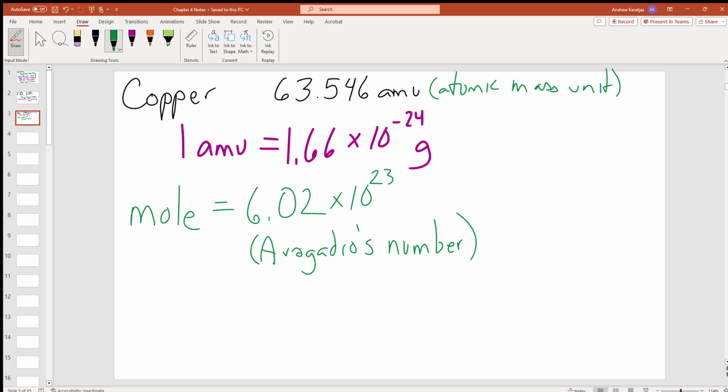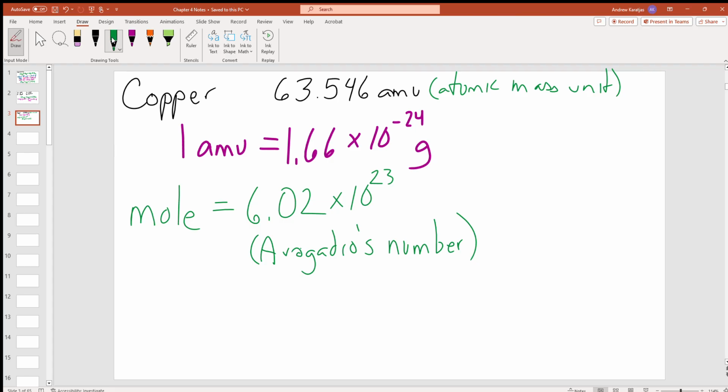So 1 mole of anything is literally 6.02 times 10 to the 23rd of that item. So 1 mole of copper atoms is 6.02 times 10 to the 23rd copper atoms. 1 mole of sodium chloride molecules is 6.02 times 10 to the 23rd sodium chloride molecules. We could even think of it in any other context. 1 mole of elephants would be 6.02 times 10 to the 23rd elephants.